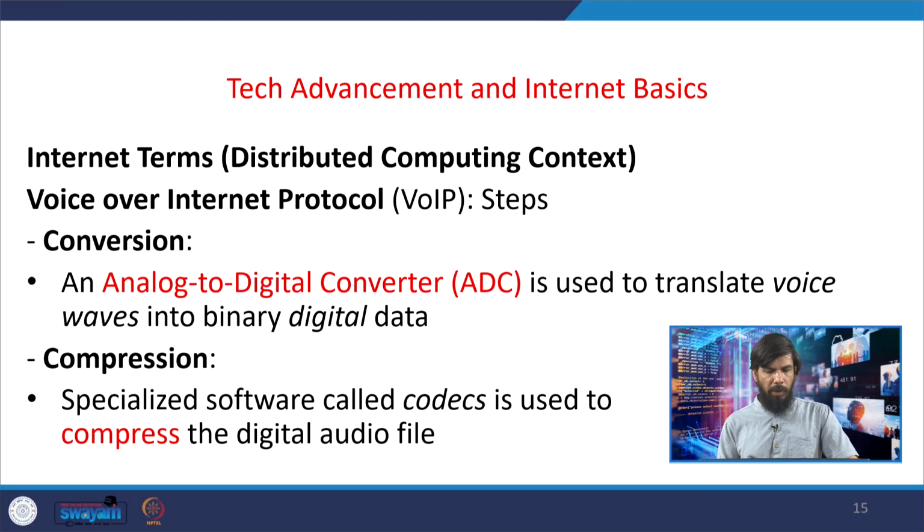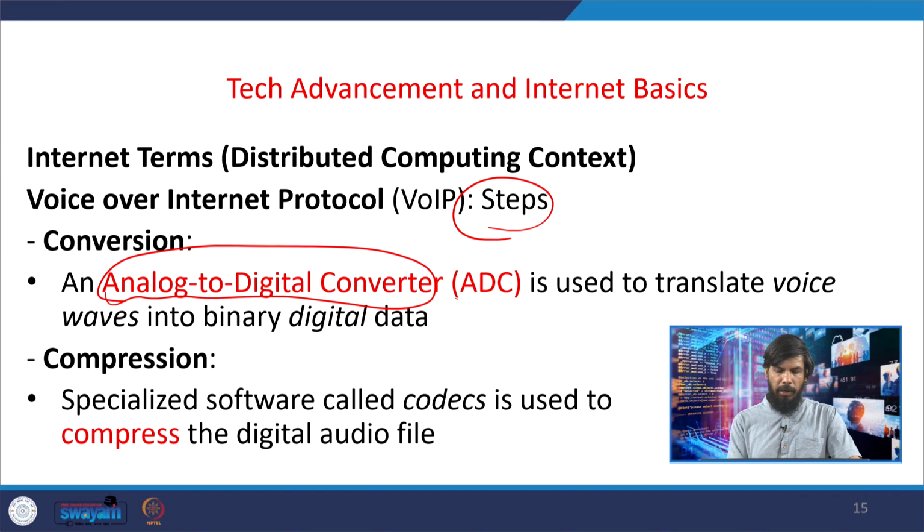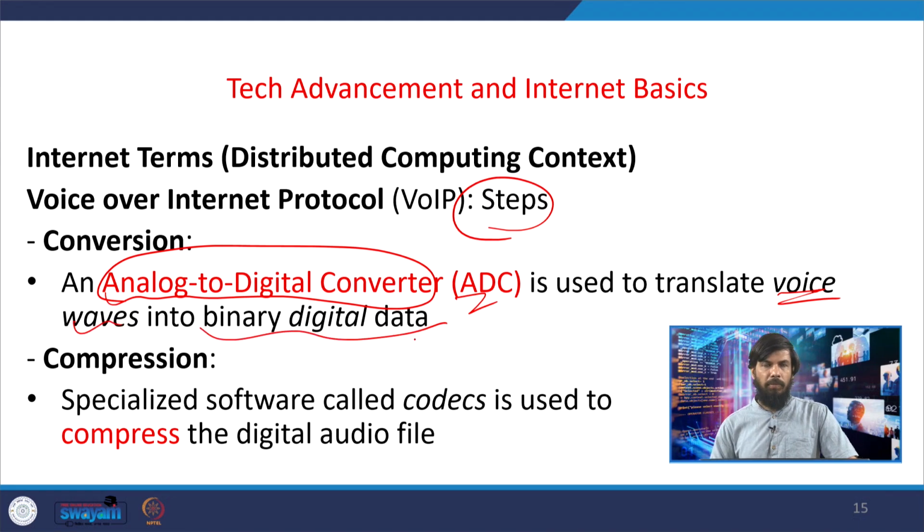Now, what are the steps in VoIP? First is conversion. An analog to digital converter, ADC, is used to translate the voice waves into binary digital data. That is the first step, the conversion, done by the VoIP technology. And then the compression, because you would be transmitting the data over the network. We would like to compress it so that it takes less time to transmit.